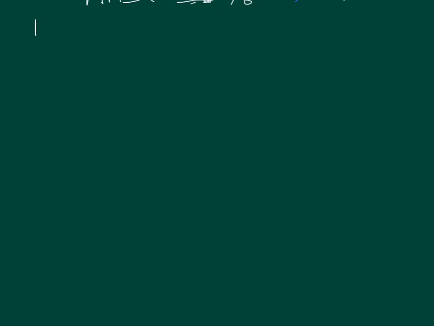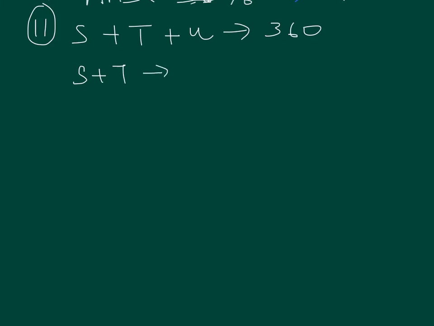Question 11. The sum of S, T and U is 360. Sum means adding up, so S plus T plus U will give me 360. If the average of S and T is 96, which means S plus T is the same as 96 times 2, which will give me 192.